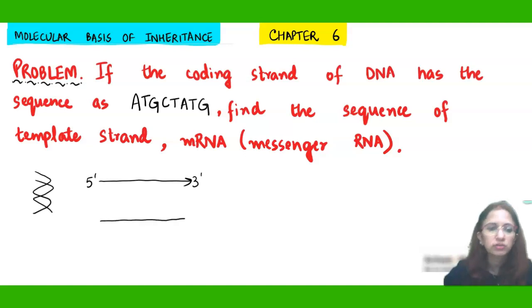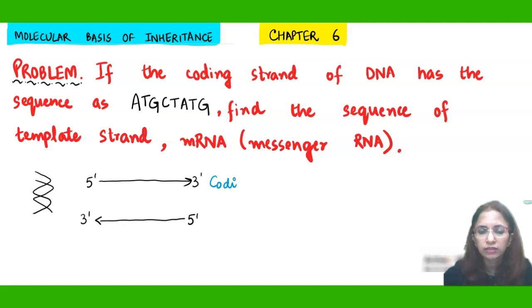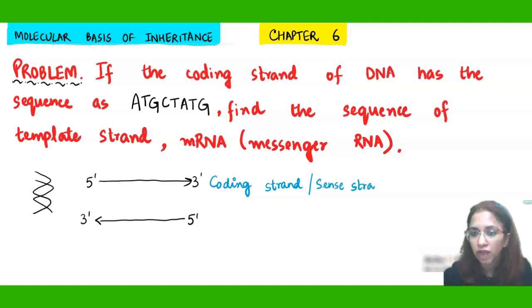So this is our 5' to 3' strand at the top, and at the bottom we have the 3' to 5' strand. Now remember, this is a rule that the 5' to 3' strand is known as the coding strand, and it is also known as the sense strand.